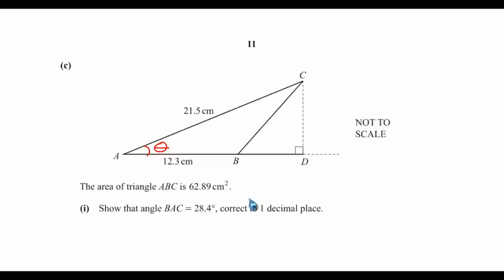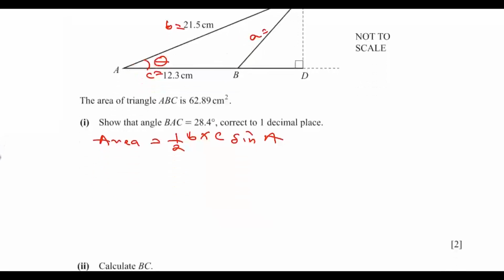So we know that the formula for the area of the triangle is given as half side B, this will be side B, and this will be side C. Of course, this will be side A here. We don't need it. So it will be half times B times C, then sine A. That's the formula. So let's key in the parameters.